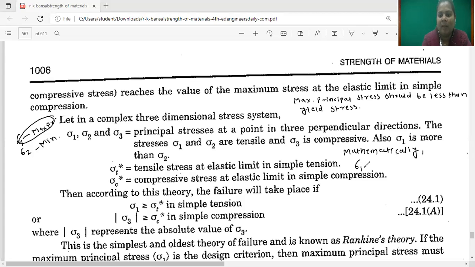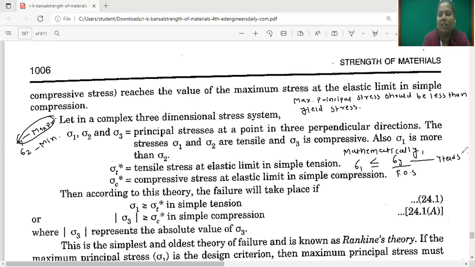Sigma 1, meaning maximum principal stress, should be less than or equal to sigma y divided by factor of safety. Sigma y means yield stress.